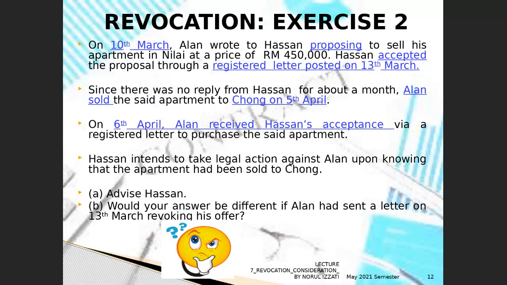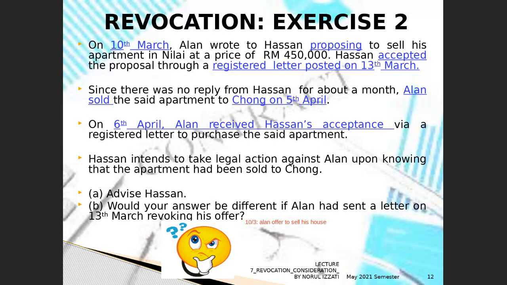Alan offered, or you can write down proposed to sell his house. Okay, on 13 of March, he received the letter. That means he knows that Alan would like to sell. On 13 of March, Hassan accepted the offer.